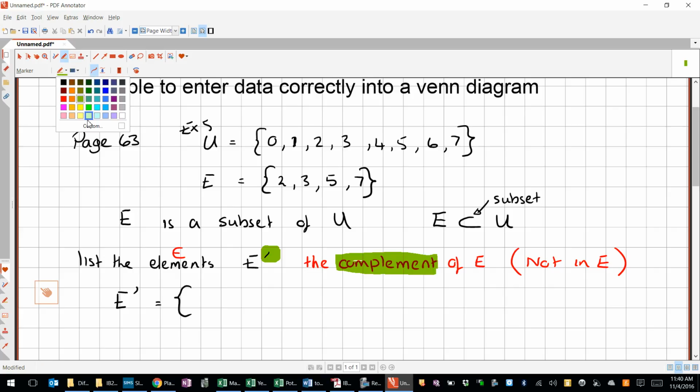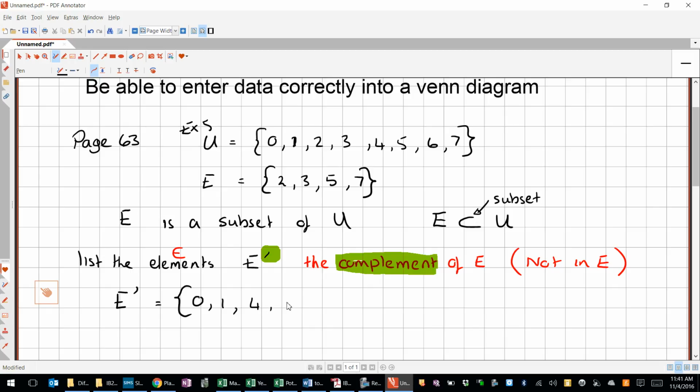Alright. So any ideas what we would write? So we've got the curly brackets because we're writing a set, listing the elements of. So what would I write? 0, 1, 4, 6.